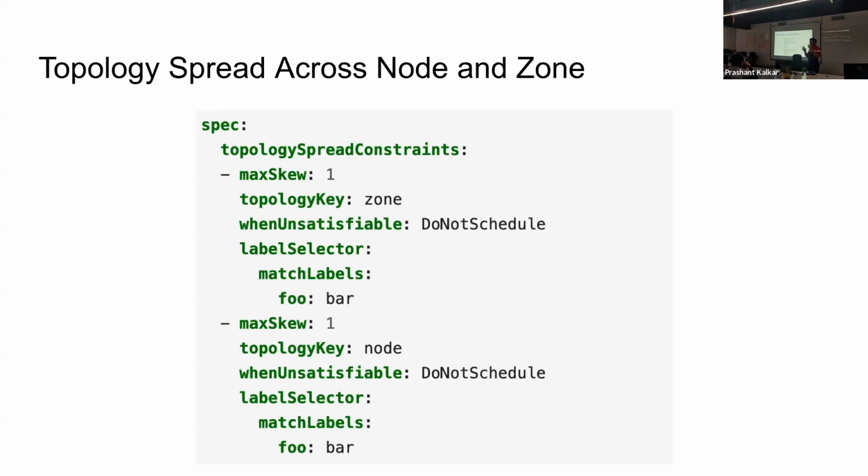The fourth one goes into one of the nodes, but the fifth one won't go into the same node because then the max skew will be 2, so it will choose some other node to run. Out of three nodes, there are two pods running here. If the scheduler ends up choosing this one, the max skew will be 2. But if it chooses either of the other two, the max skew will still be 1.